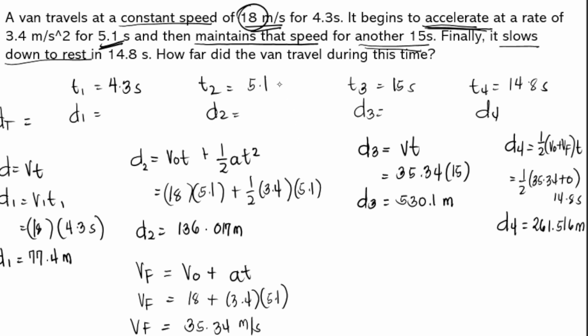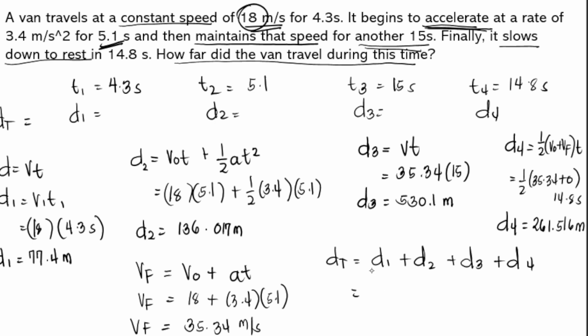So, ngayon, hanapin na naman natin yung total during this time. How far, gaano kalayo ba yung tinravel ni Van starting from 4.3 seconds until, if we add them up, hanggang 14.8 seconds. So, in order for us to get that, we need to get the sum of all our instantaneous positions, D1 until D4.